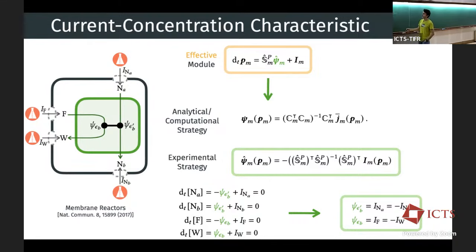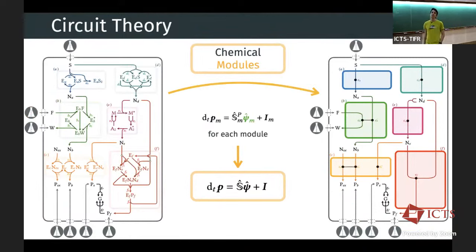And if you want, for the specific network we have here, this is the specific relation between the reaction currents and the exchange currents. Every time Na is consumed by the reaction producing Nb, the current INA must replace the molecule that I just consumed, and the current INB must take out the species that I just produced, and the same for F and W. Now imagine we do that for each module here.